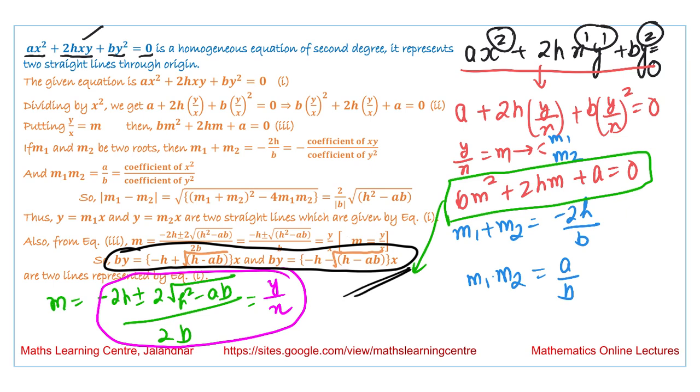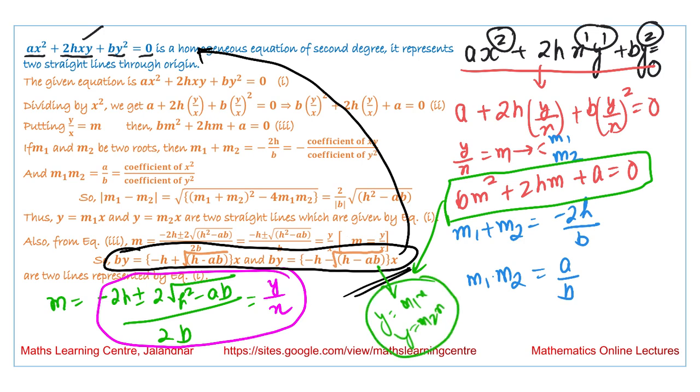So these are the two equations corresponding to this homogeneous joint equation, and it is clear from both these equations that y is equal to m1x and y is equal to m2x both pass through the origin. So this is the joint equation of two lines passing through the origin.